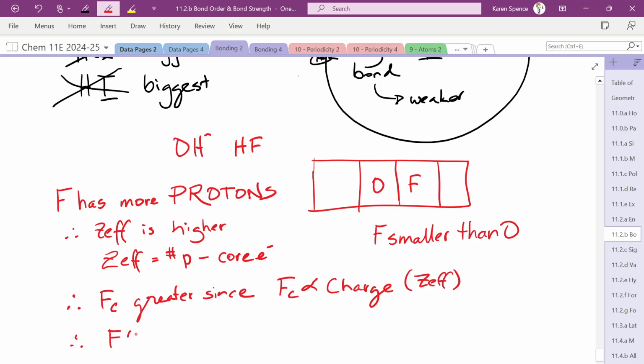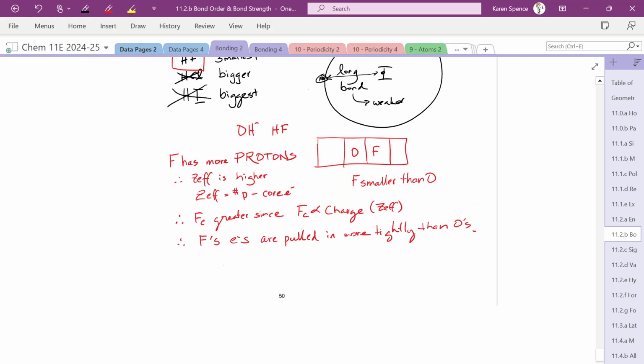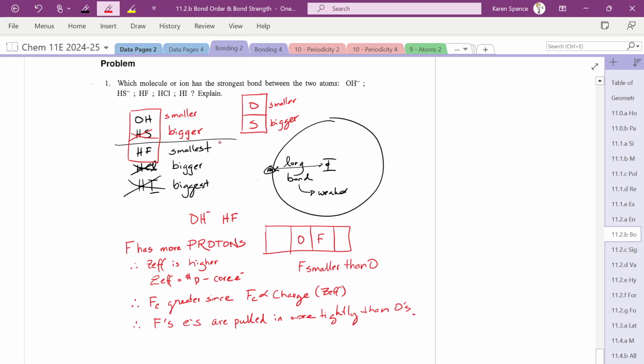Therefore, fluorine's electrons are pulled in more tightly. Is that good? Okay, good. So our answer then would be HF.